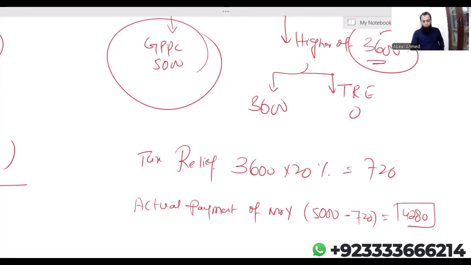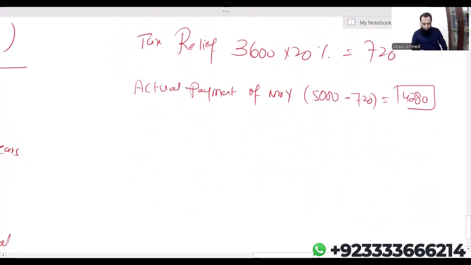Let me repeat, and then I'll go to the new rule. Whenever you see gross personal pension contribution in the question, take a pause and decide by what amount the bands should increase. That's it. Now let's move ahead.